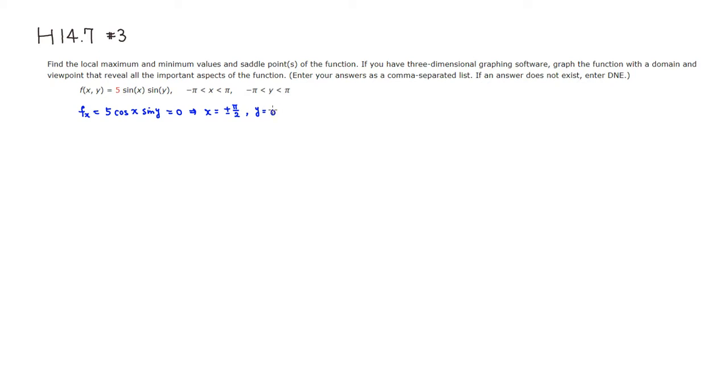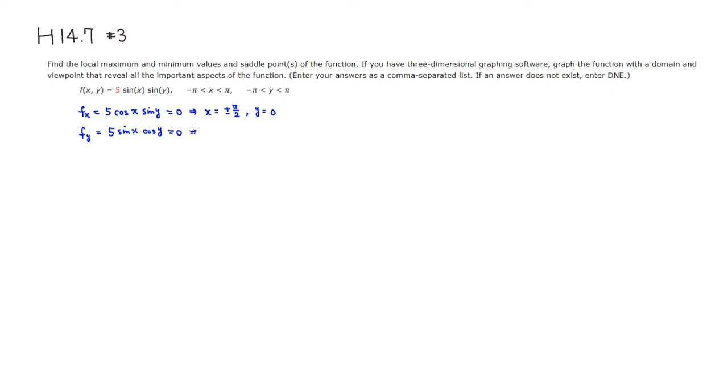Then if you look at the partial with respect to y, you will get 5 times sine of x, which is just a constant, so I'll leave it there. The partial derivative of sine of y with respect to y is cosine of y. So we set that equal to 0.